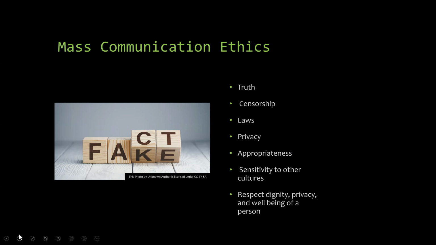What we expect from mass media communication channels is that they follow a sense of truth, not engaging in censorship, following laws, respecting privacy, maintaining appropriateness, maintaining a sensitivity to other cultures, and maintaining respect, dignity, privacy and well-being of a person. And as I read that list, there was probably, for each one of those, a time that you could think of a mass communication outlet that violated it.